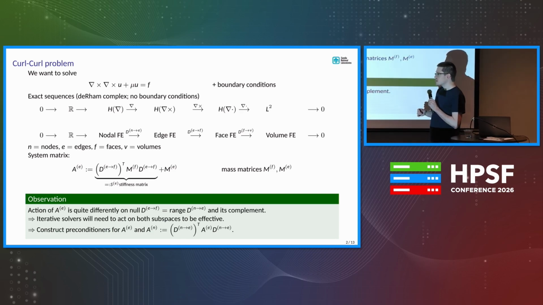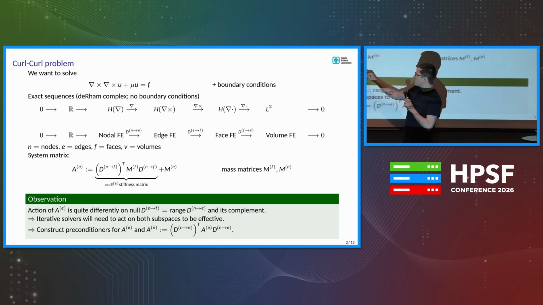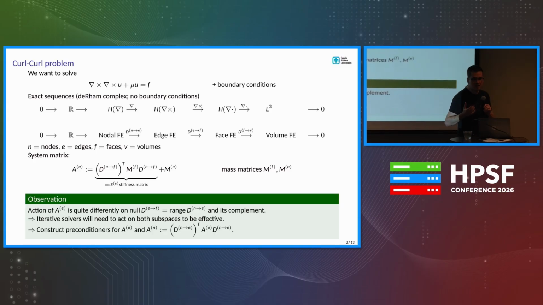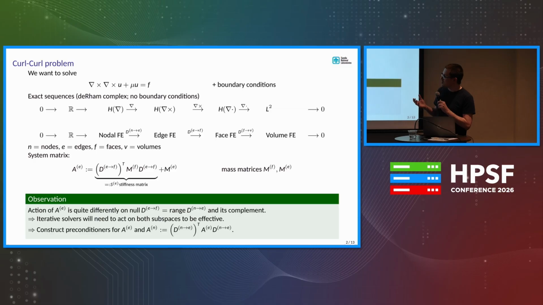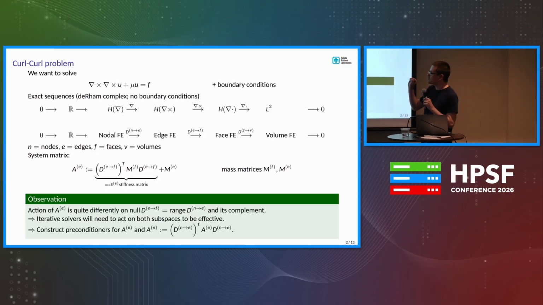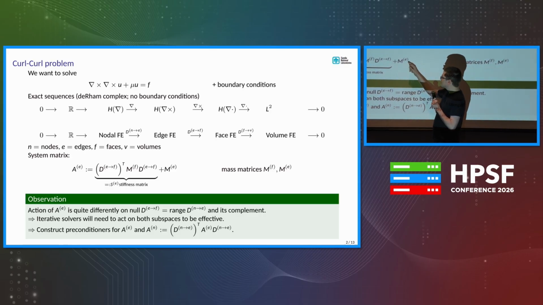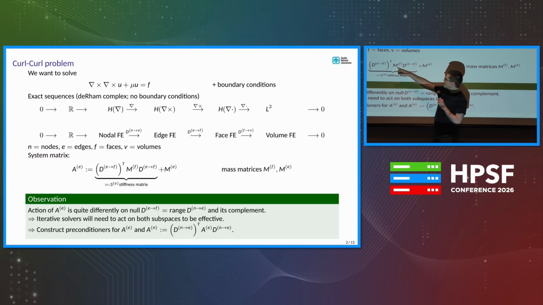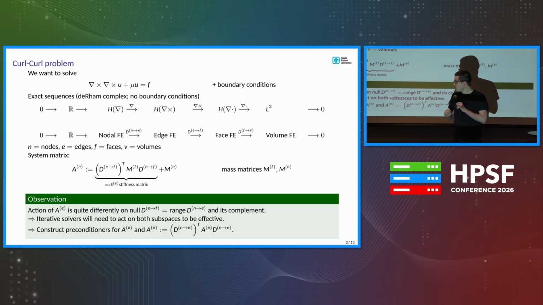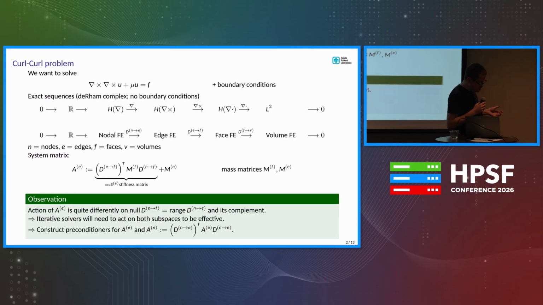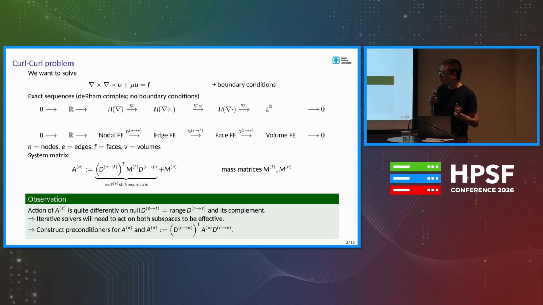Normally, if you just directly assemble everything, you might think of all of this as a stiffness matrix, but you can also write it as this triple product between a discrete differential operator and a mass matrix that's sitting on the next space over. So here we have our mass matrix on our edge space, and then we have a mass matrix on the face space.